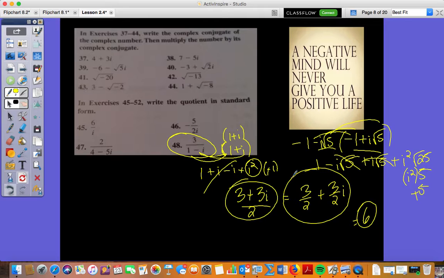There's 1 plus and 1 minus, right? Now, when we go to the next part, what is i times i? When we do this one times this one, i squared. So we have i squared, and what's square root of 5 times square root of 5? That's right. So it's i squared times square root of 25.